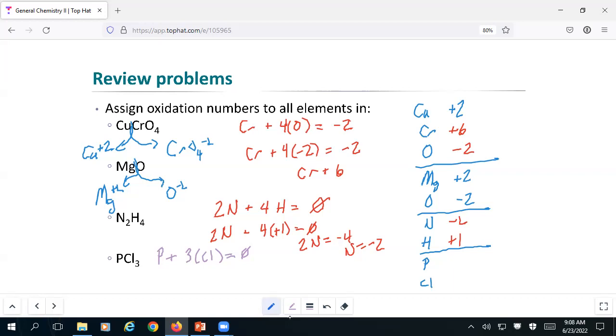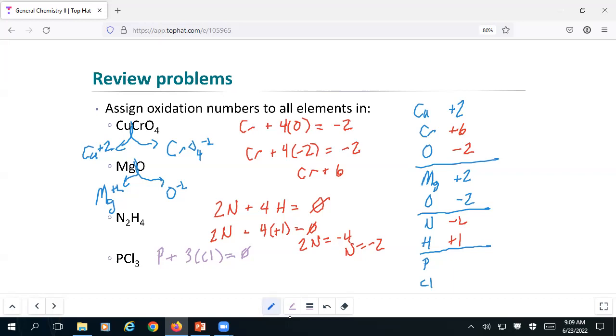Well, what I do in that case is I defer to electronegativity. The element that is the most electronegative is going to take on its most familiar charge. So chlorine is more electronegative than phosphorus. Chlorine's natural oxidation state is -1.